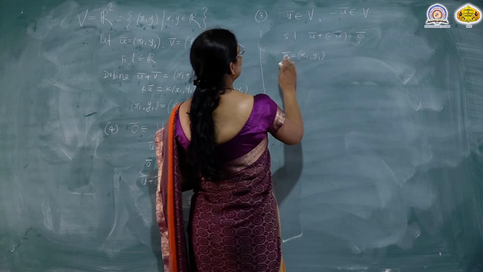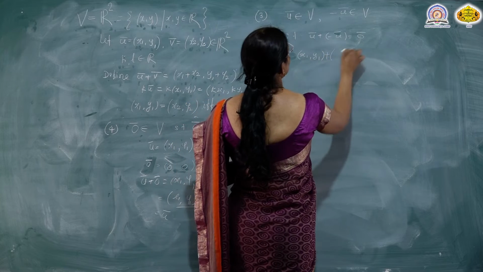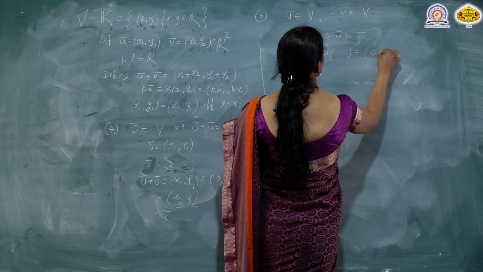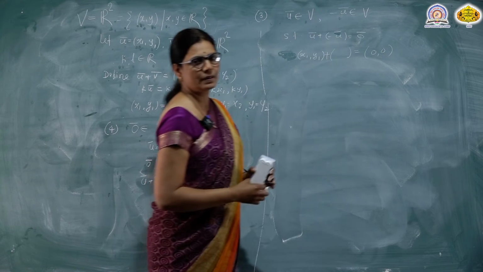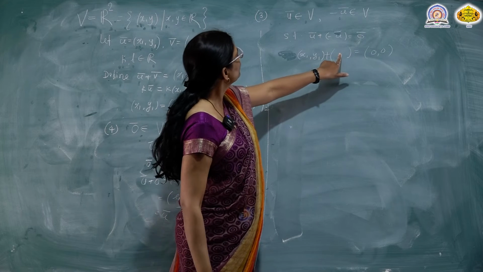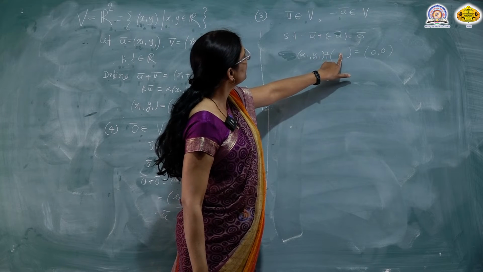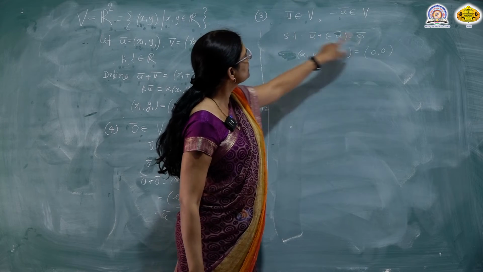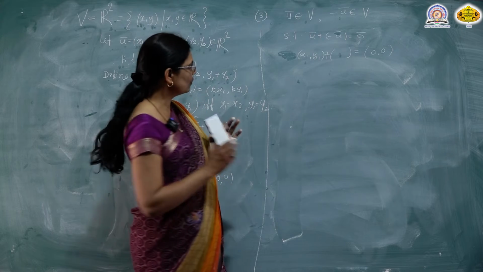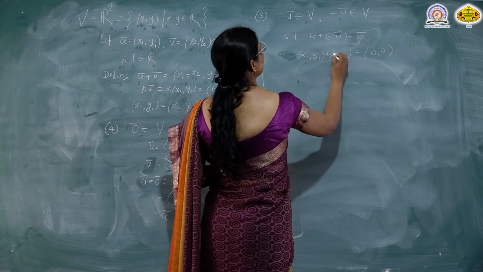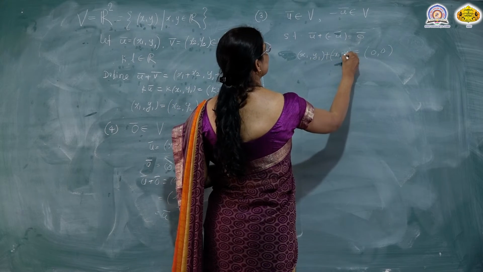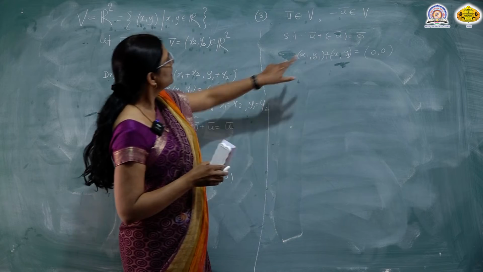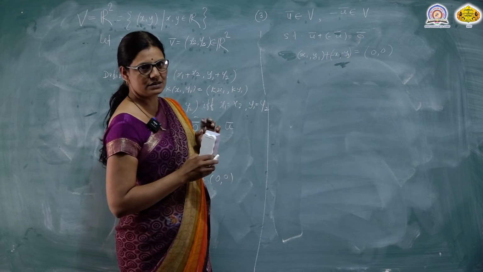I want a vector here such that the answer is (0, 0). So we want to find this pair such that the answer is (0, 0). The logic is clear here. If I put minus x1, minus y1, and add these, we will get the (0, 0) answer.